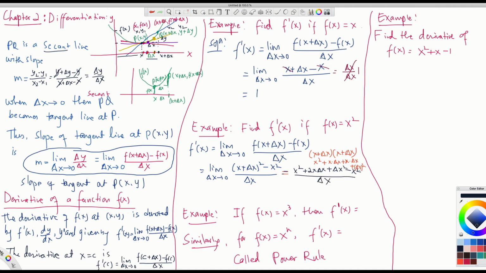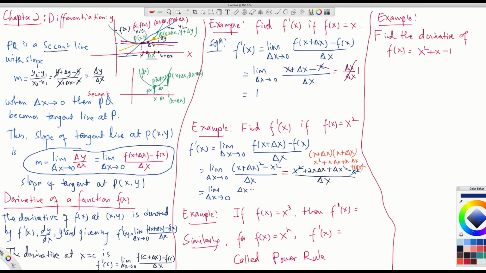Now you see that the negative x squared and the positive x squared cancel out. So what is left is the limit as delta x tends to 0, and what is left in the top is 2x delta x plus delta x squared, right? Now let me factor out that delta x from the top.